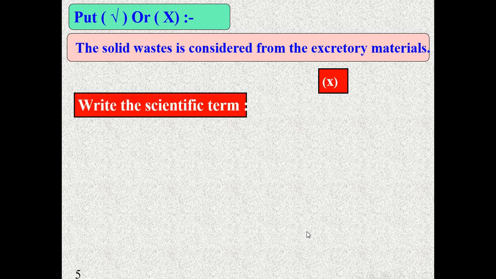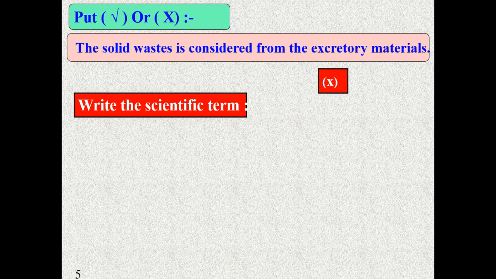Here, put right or wrong. Solid waste is considered an excretory material? Sure, no. We said that we have two types of material that the body will get rid of: solid waste and excretory material. Solid waste is undigested food, and we get rid of it through the toilet as stool.